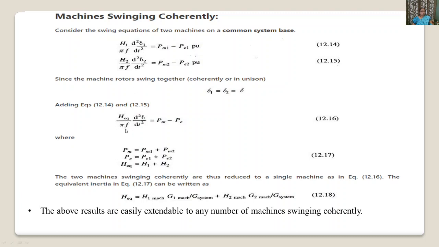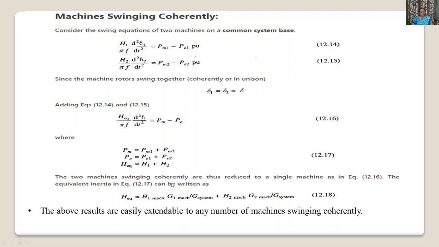So H equivalent upon pi f, d2 del by dt square is equal to Pm minus P, where Pm is Pm1 plus Pm2, P is P1 plus P2, and H equivalent is H1 plus H2 if they are swinging coherently.